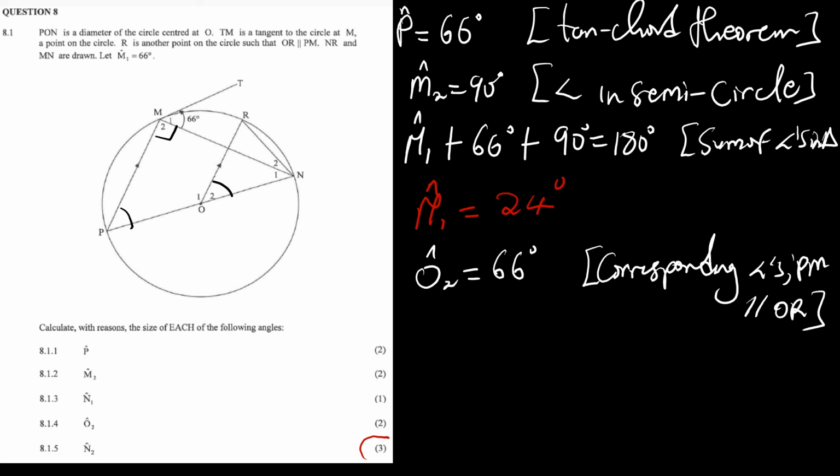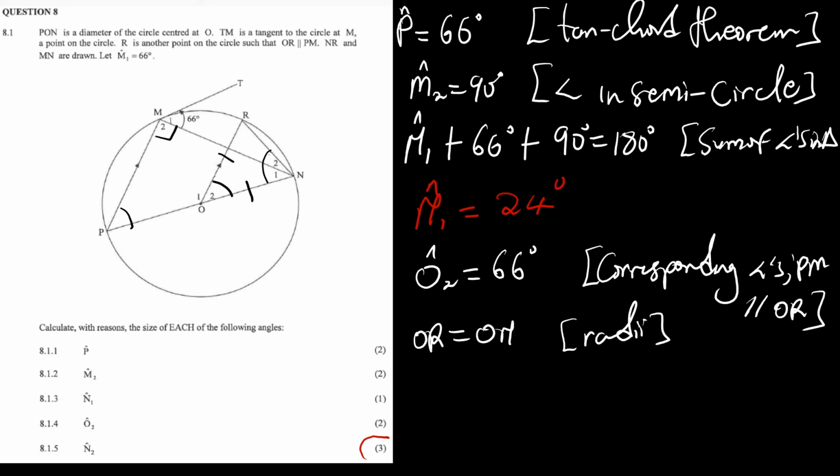If we have angle N as a whole, we can find angle N2, because we already have angle N1. If you check here, we have radii, so OR is equal to ON. These are radii.